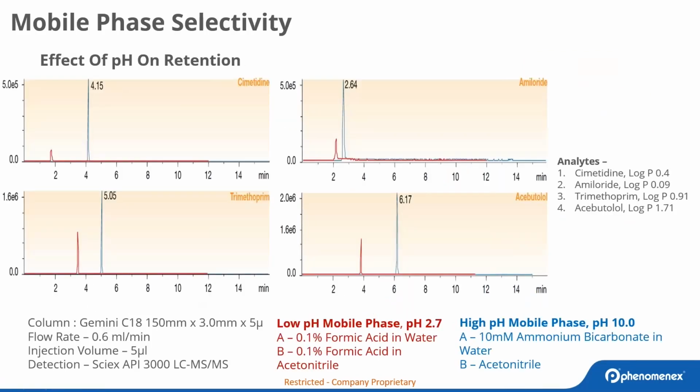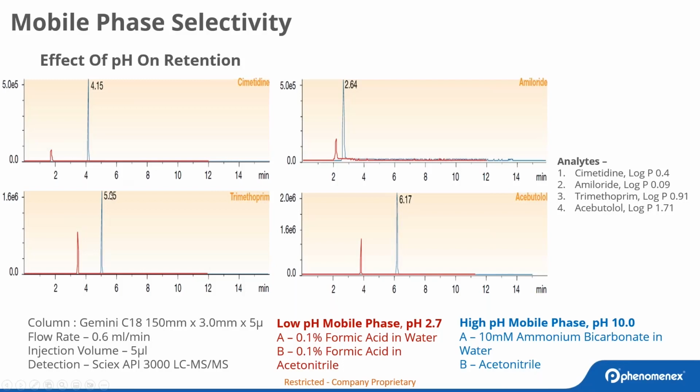Looking at the effect of pH on retention, here we are using a column that's capable of low and high pHs, and we see in red examples of these basic compounds at low pH, and in blue we see the difference of these basic compounds when they're run with a high pH. In this case, it's 10 millimolar ammonium bicarbonate in water.